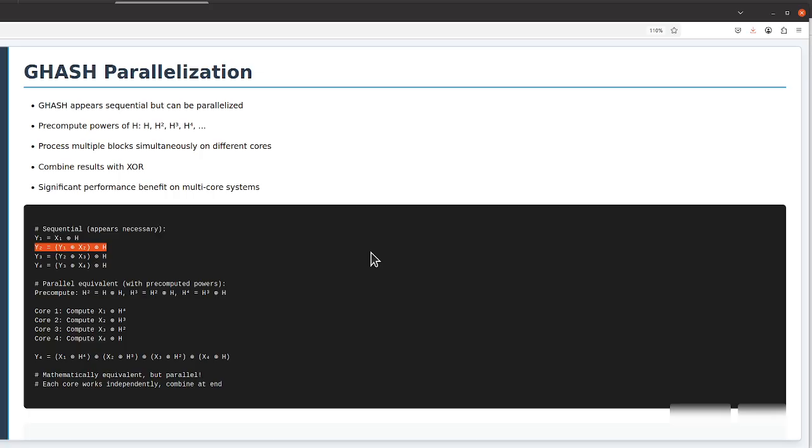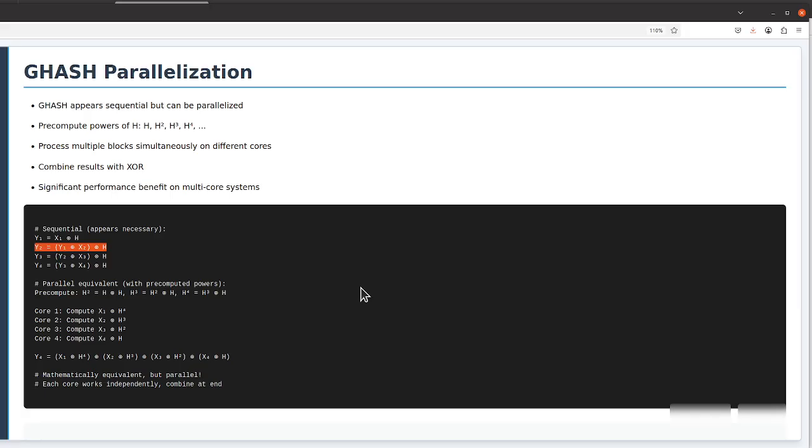Here's how. First, precompute H squared, which is H times H, H cubed, which is H times H times H, and so on. Now, if you have 4 blocks, X1, X2, X3, and X4, you can compute their contributions in parallel. Core 1 computes X1 times H to the 4th.